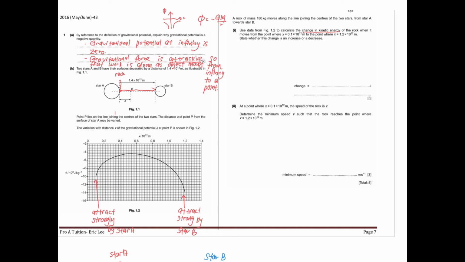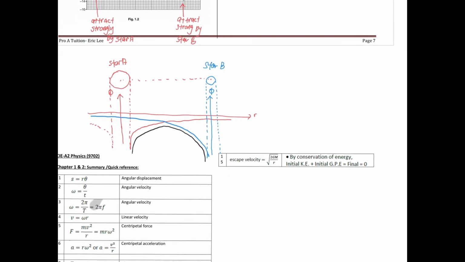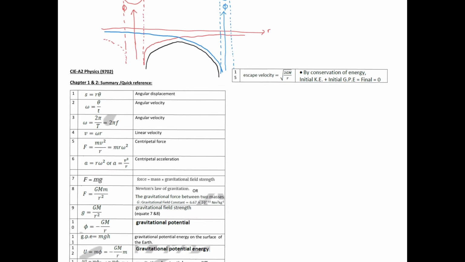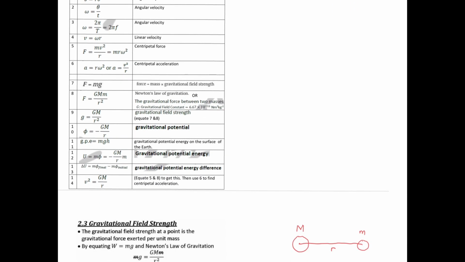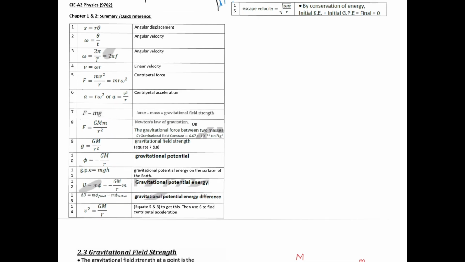Based on this graph, we can calculate the change in gravitational potential energy based on this formula. Let's look at the formula first. Of course this is the formula booklet. All the formulas are here. So we have to use this formula.